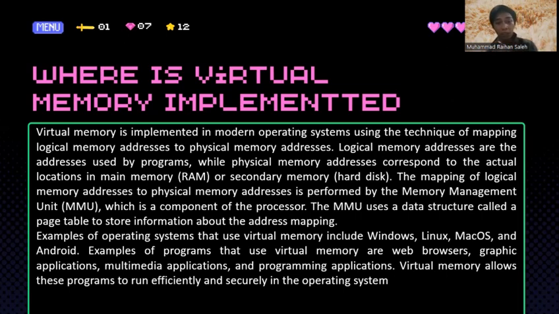In this scenario, virtual memory can be used to store temporarily inactive data on the hard disk, allowing applications to continue running even with limited physical memory. An efficient implementation of virtual memory can enhance overall system performance.